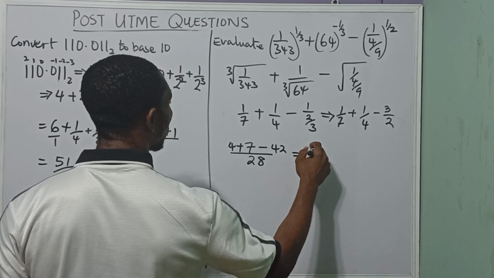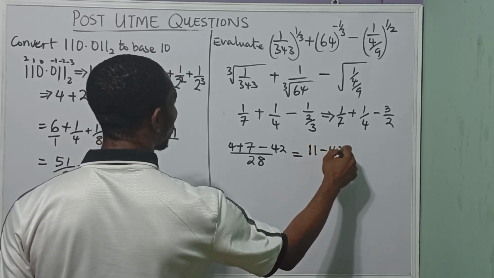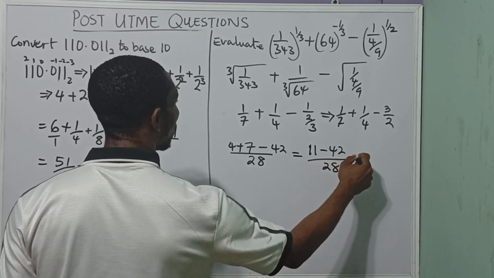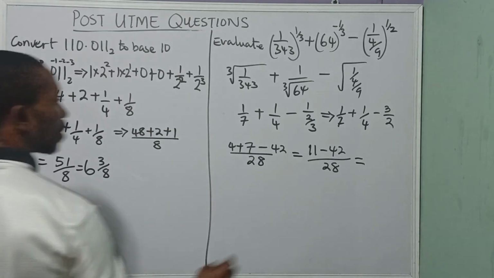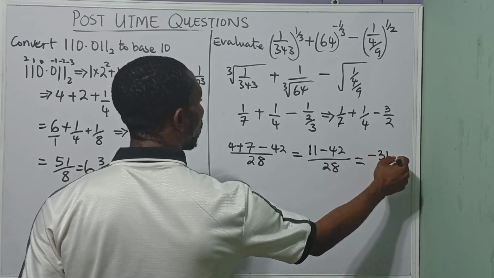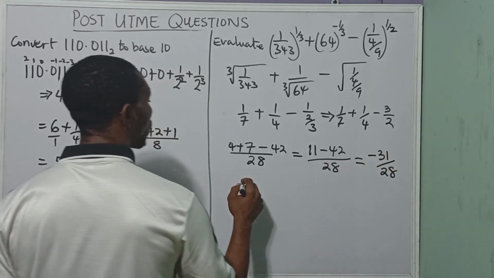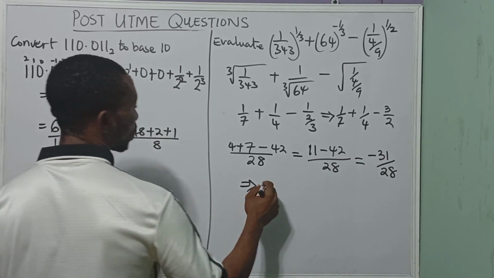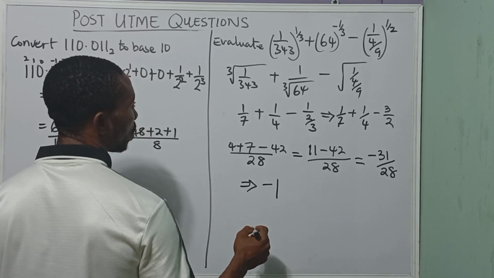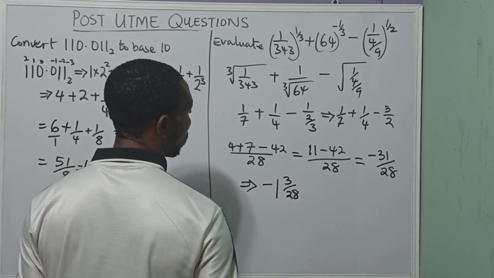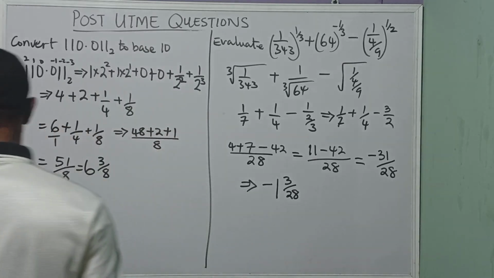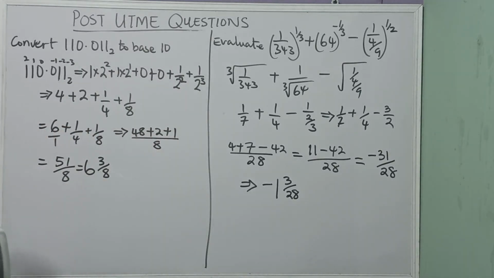So this will give us 11 minus 42 all over 28, which gives us minus 31 all over 28. So if we change that to mixed numbers, we have minus 1 3 over 28. So that would be our answer for the two questions.